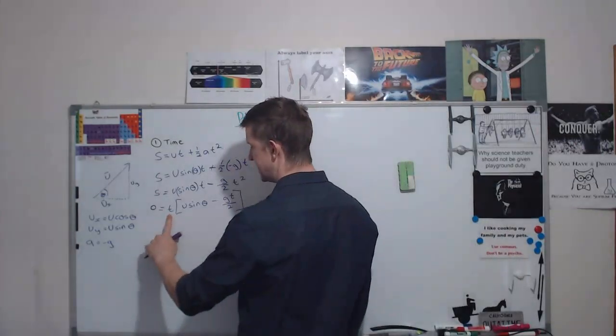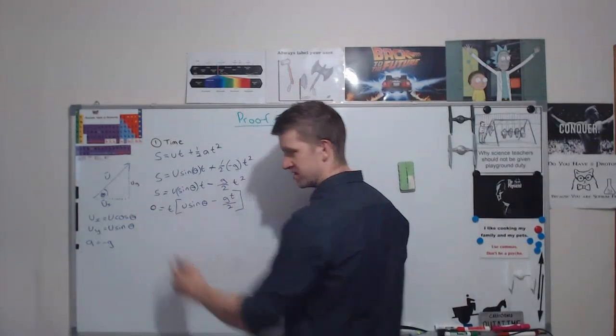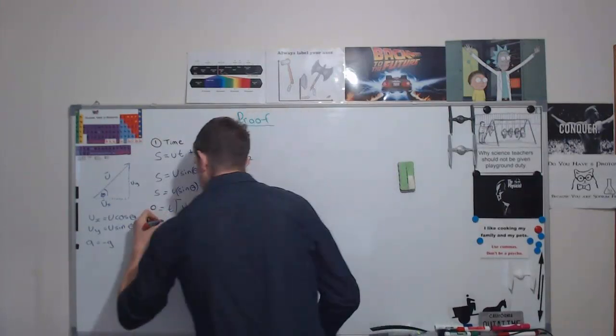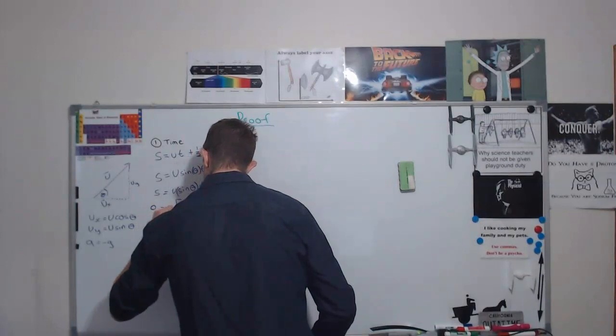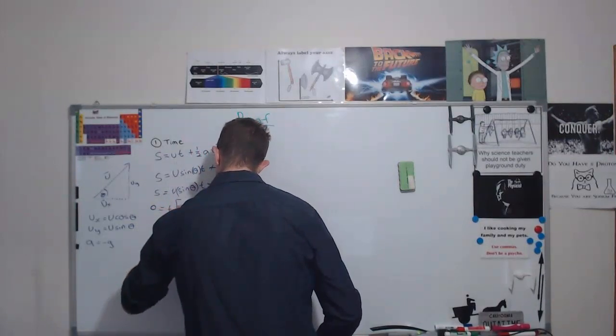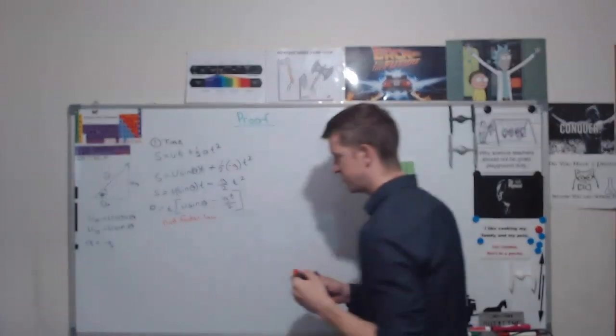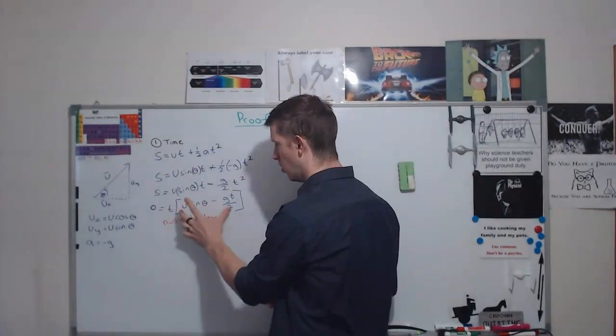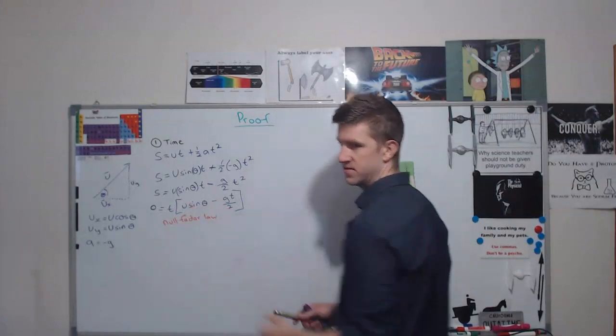Now I have t times this equals 0. So using the null factor law, there are two options. Either t equals 0 or all of this in the brackets equals 0.